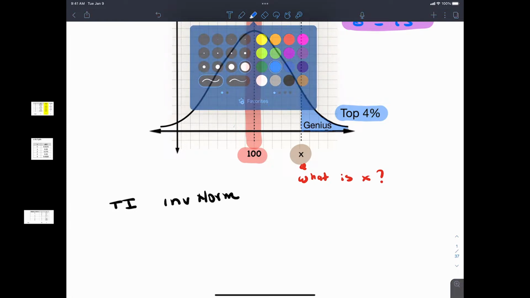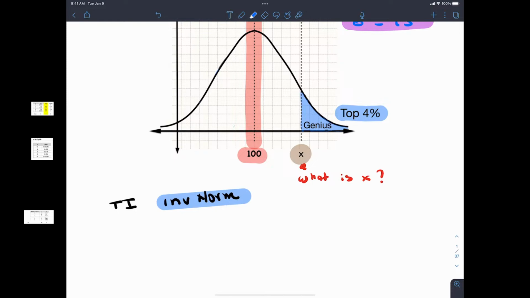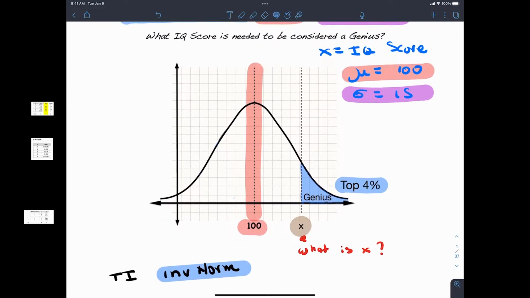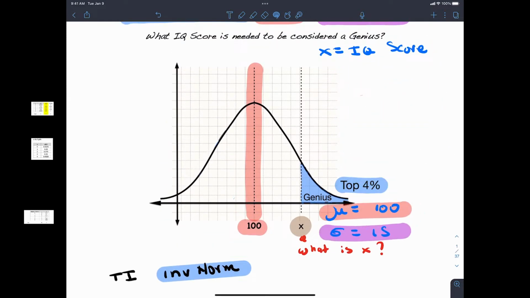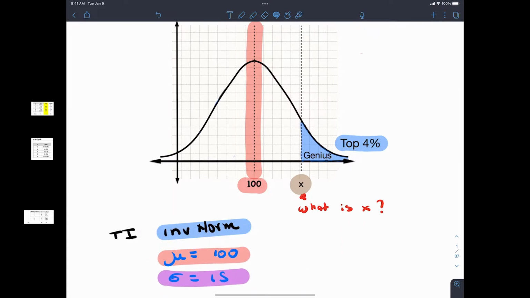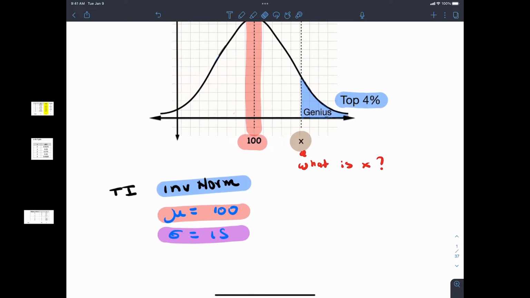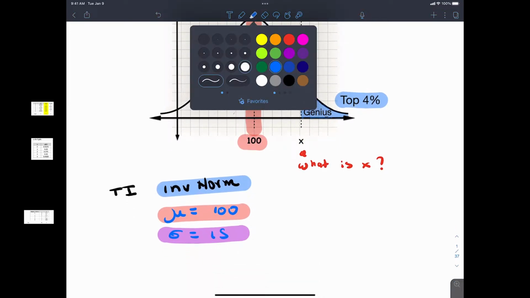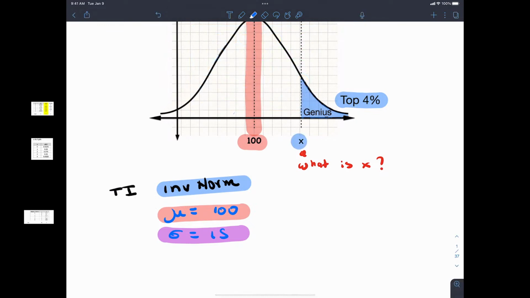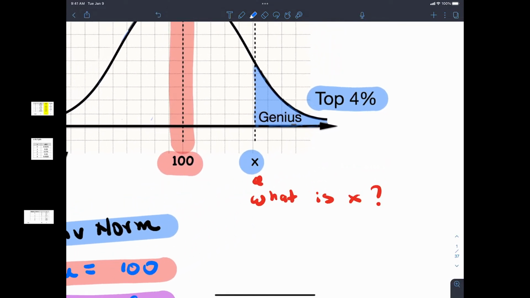That's what you want to be aware of. Now, you also want to recall you got the mean and the standard deviation for a normal distribution. And the question here is, what value of X do we need to be in the top 4%? You guys okay with that?